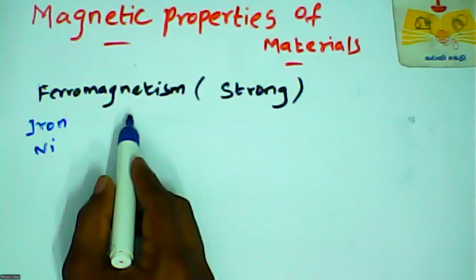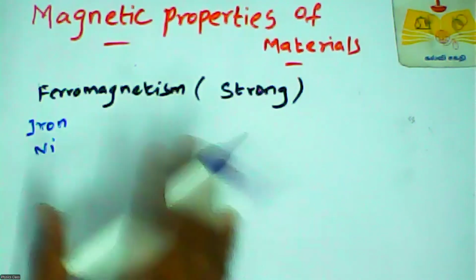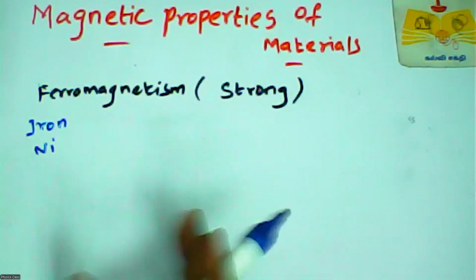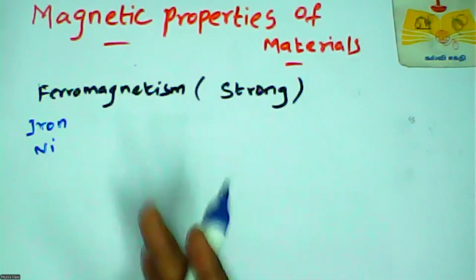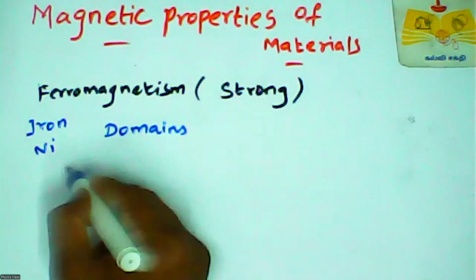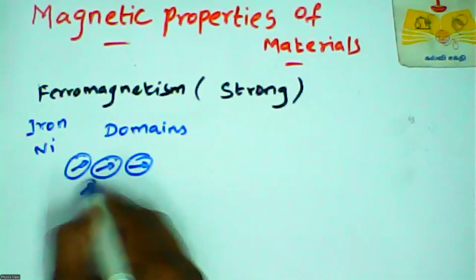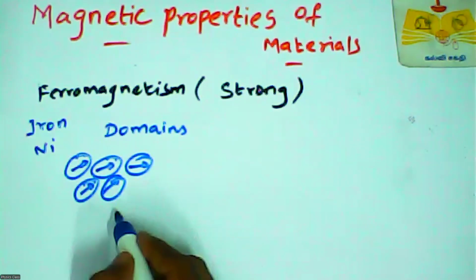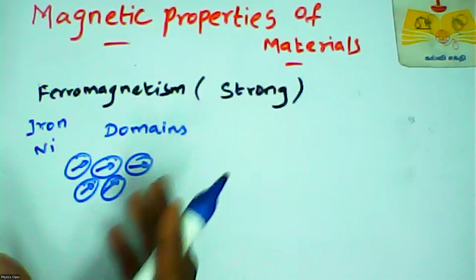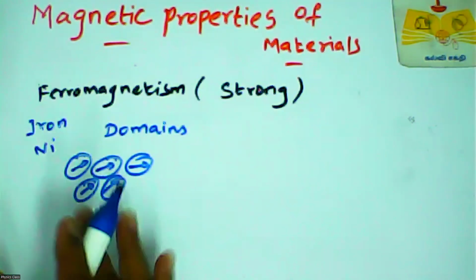The key here is the strong cooperative interaction between neighboring atoms, causing their magnetic moments to spontaneously align in large macroscopic regions called domains.